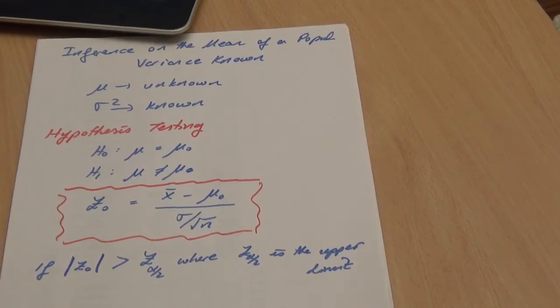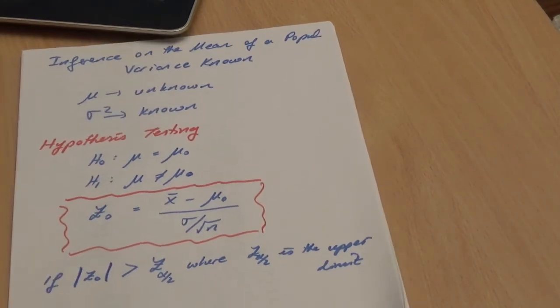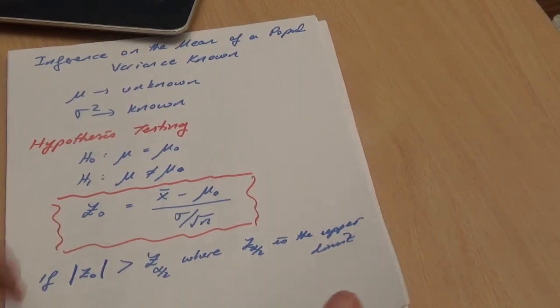So let's apply this knowledge to example 4.1. It says that the response time of a distributed computer system is an important quality characteristic.